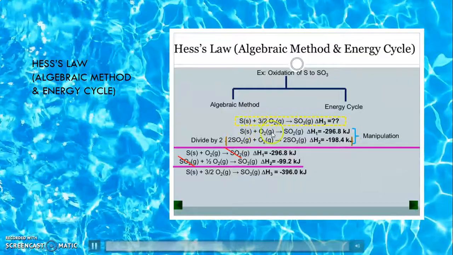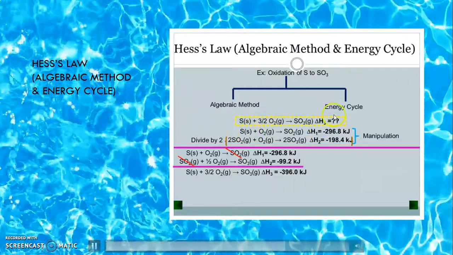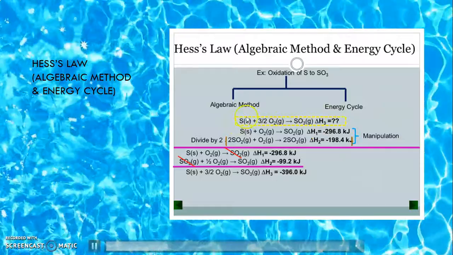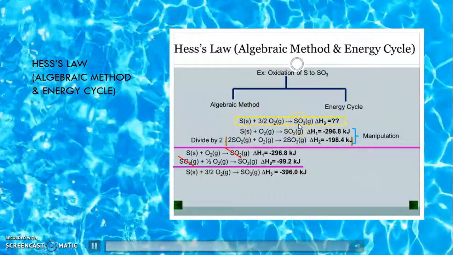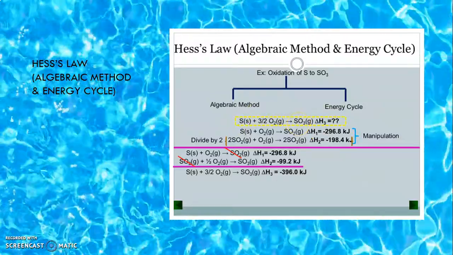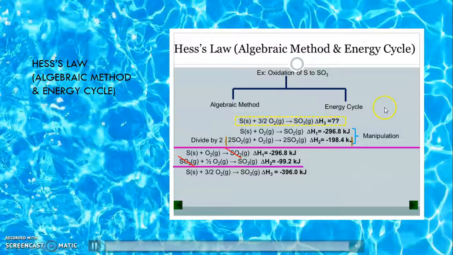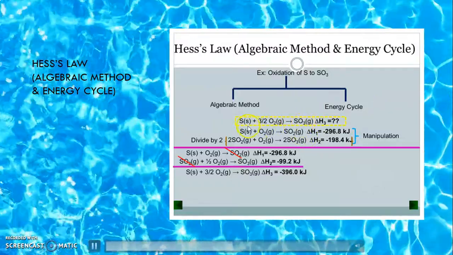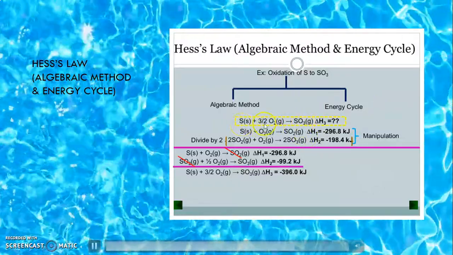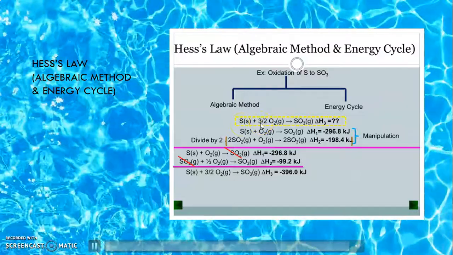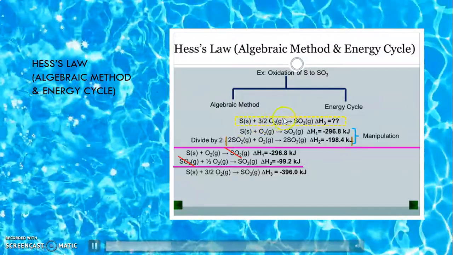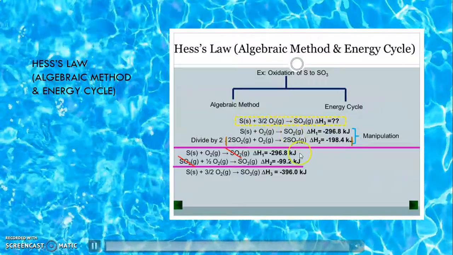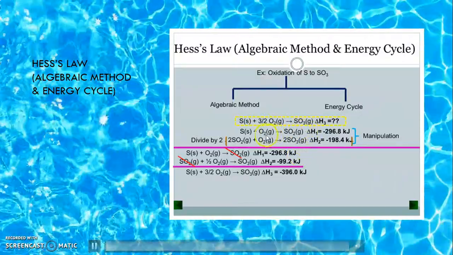For example, in this reaction here, we want to find out the enthalpy of formation of sulfur trioxide. That means the enthalpy change when 1 mole of sulfur trioxide is formed from 1 mole of sulfur and 1.5 moles of oxygen.